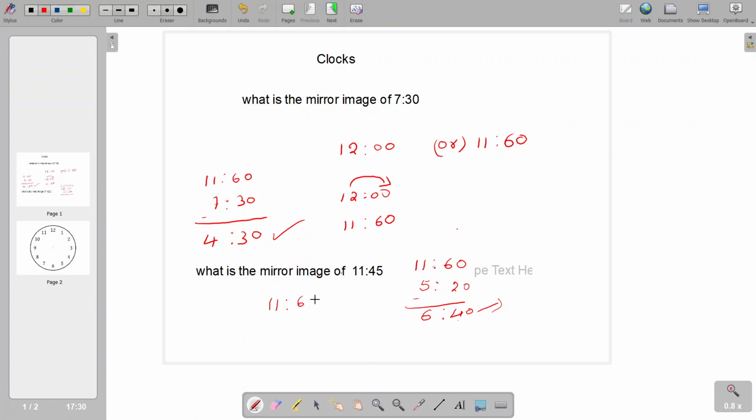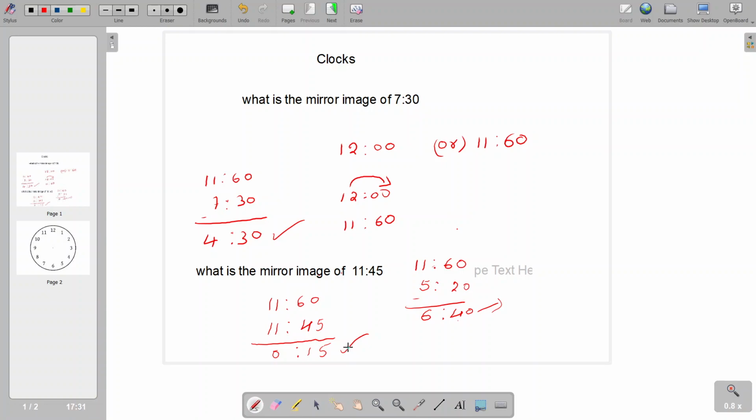So 11:60 minus 11:45. This is a special case. 60 minus 45, 15. 11 minus 11, 0. So 0:15. This time we cannot see in our exam. This time they will not give in the options.